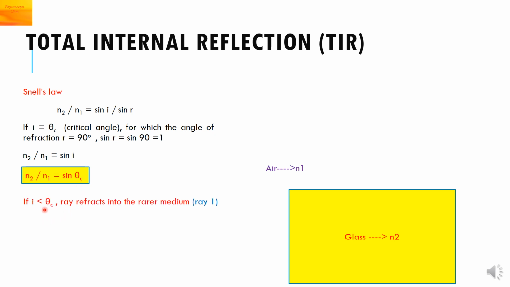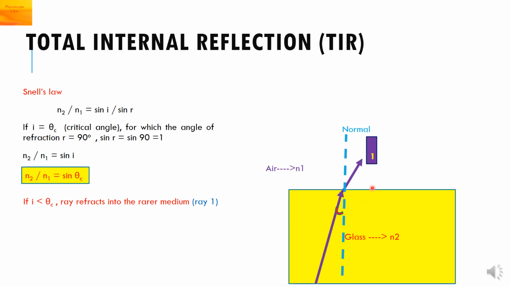Now, if I is less than theta c, we are considering again two mediums, glass which has a higher refractive index and air which has a lower refractive index. So this is the denser medium and this is the rarer medium. When I is less than theta c, the ray will refract into the rarer medium.